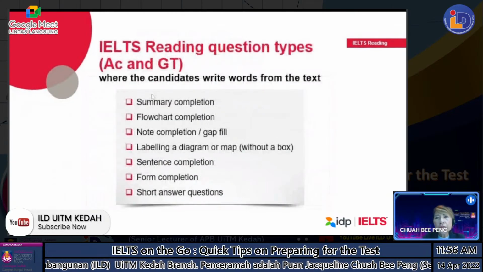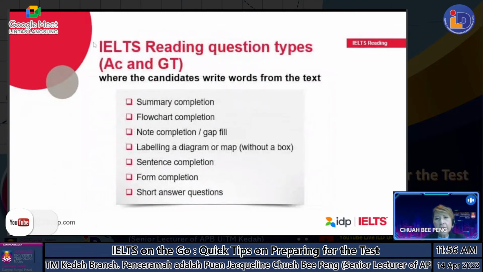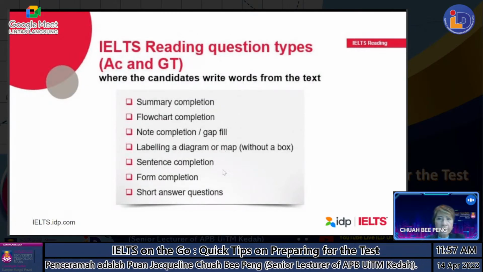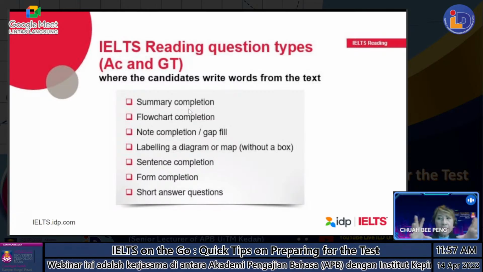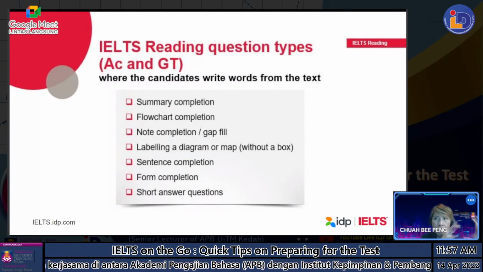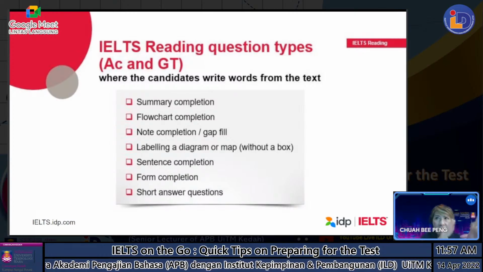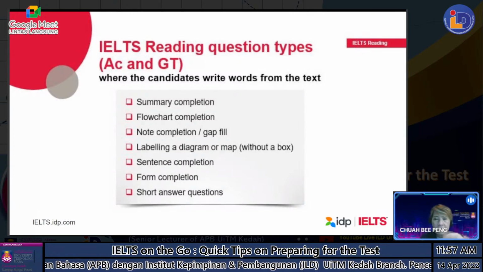So in both academic and general training modules, you have to be prepared for these types of test question types. You have summary completion. They may summarize maybe 2 or 3 paragraphs of the text.